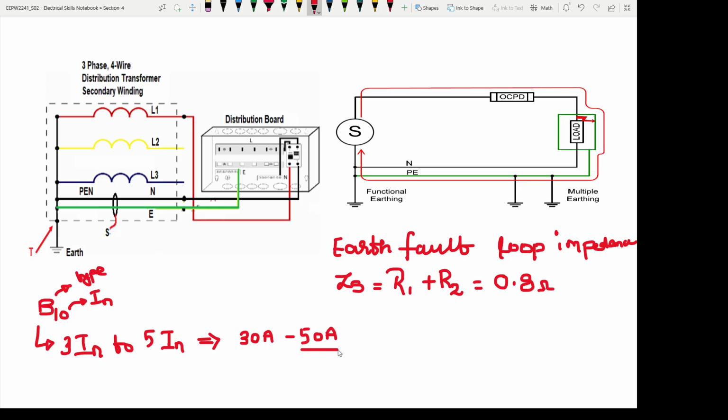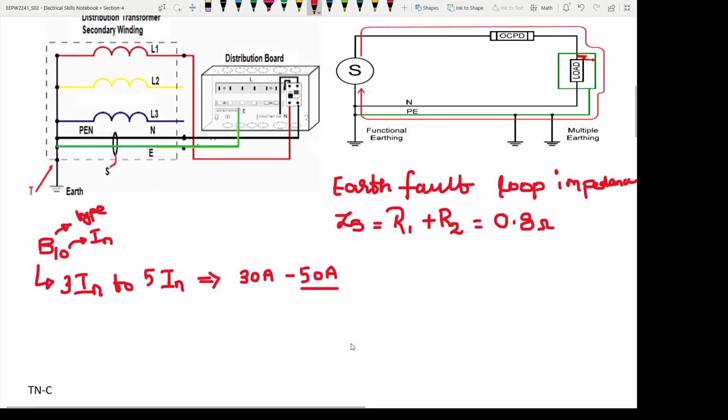When the fault current reaches 50 amperes, the B10 type MCB is going to trip instantaneously, that means immediately without any delay. If the fault current is lesser than 50 amperes, 40, 30, 20, it will trip, but it will take its time. When it reaches 50 or above, the B10 MCB is going to trip very fast, instantaneously.